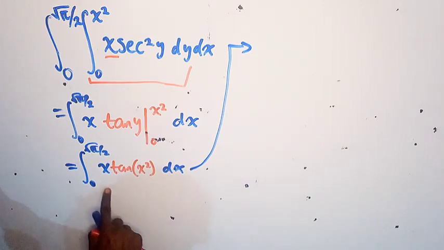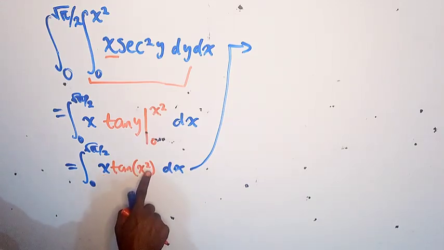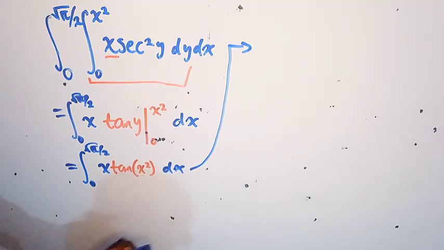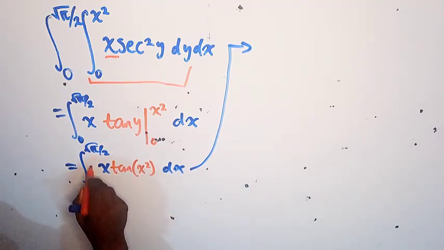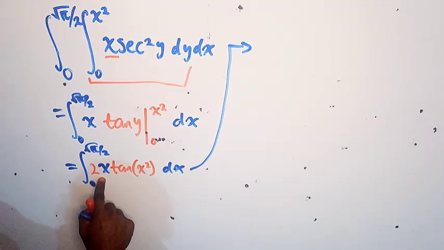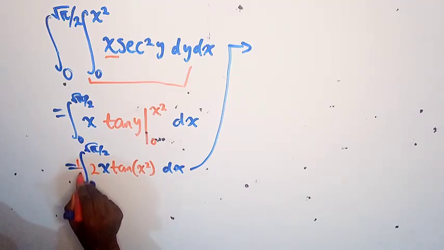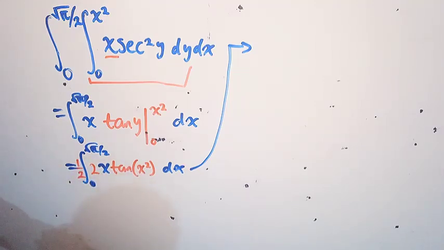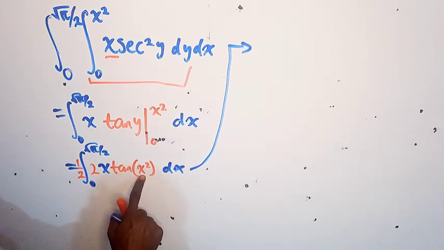Okay, that's nice. So you notice that this is x squared. We can do this using a u sub by saying let u be x squared. Notice that when we differentiate that, we are going to have 2x. So we can multiply this by 2 and also divide by 2, so we do multiplication by 1 there. You notice that 2x dx is going to be the derivative of this inside.